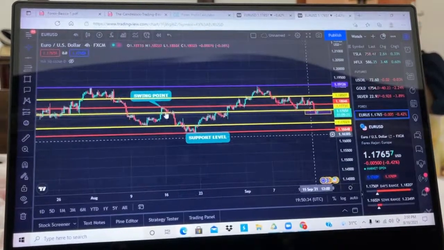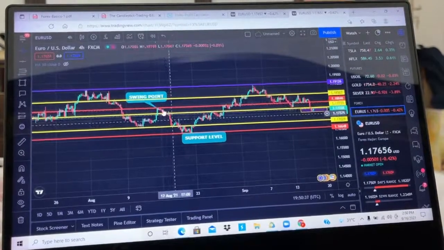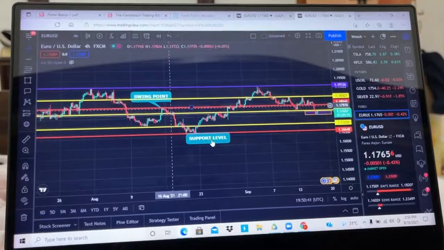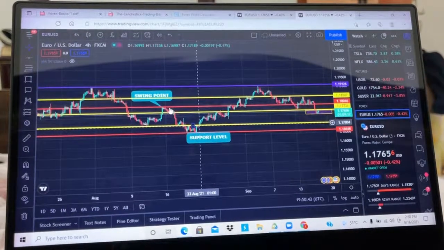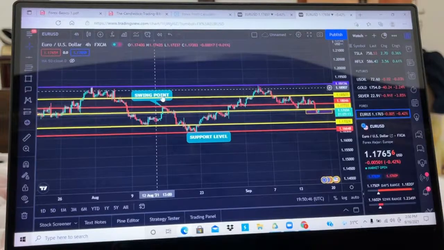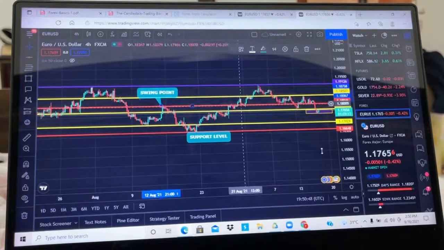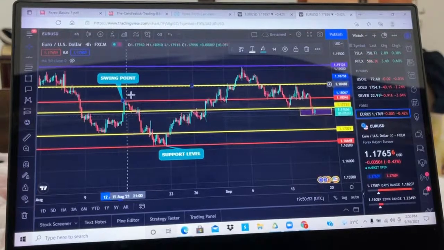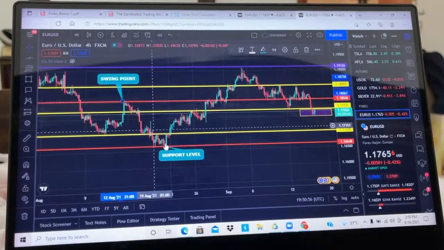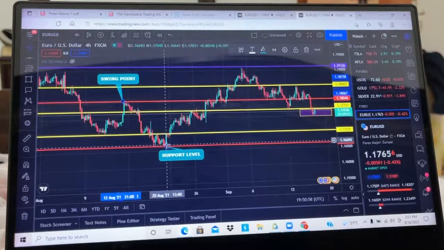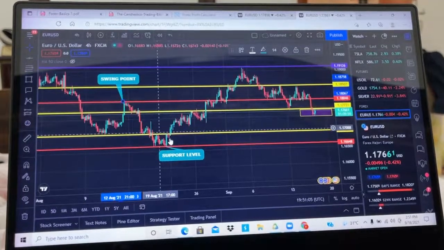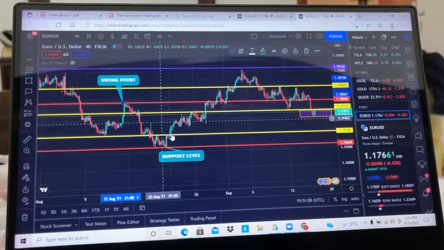Because you notice on the 4 hour, the swing point took a very long time for us to move the information around. So what you will find is that traders who use the 4 hour will be in these types of trades for a day or two, or maybe even the whole week.